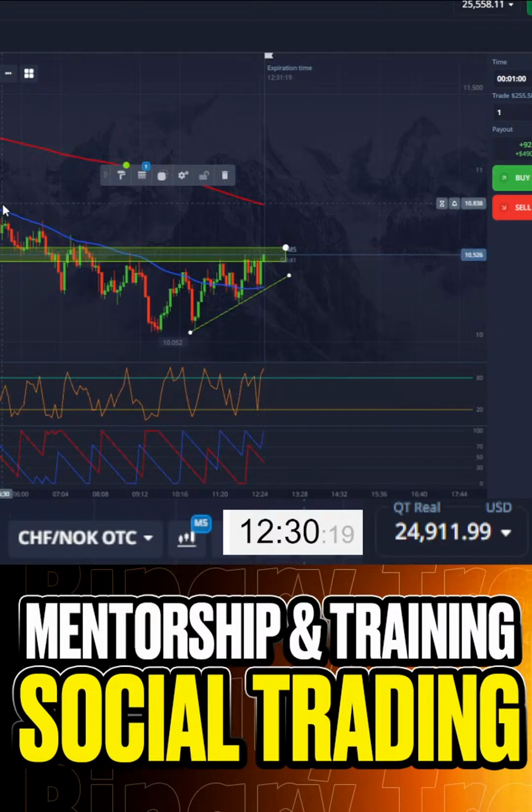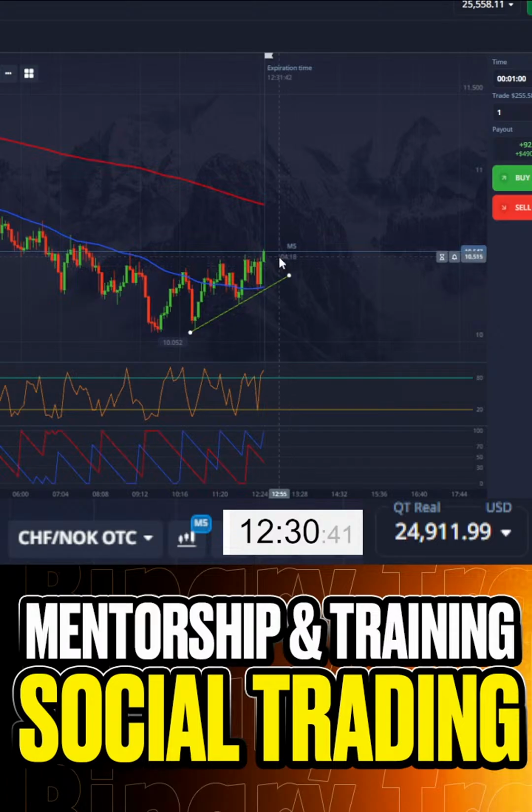Right now, if here it was a support, here it becomes a resistance, and right now we can see that we have some impulse move and this level should be broken. If the level is broken, the price will go up very fast.